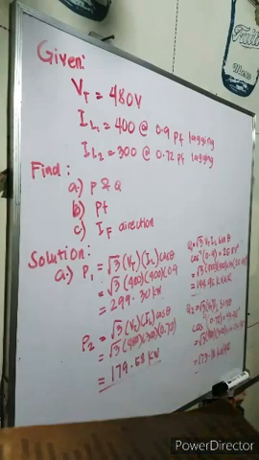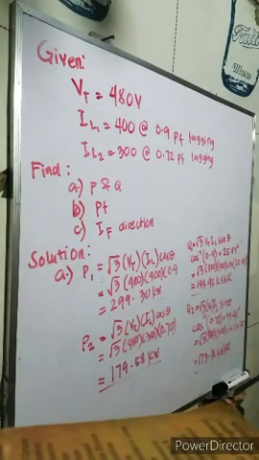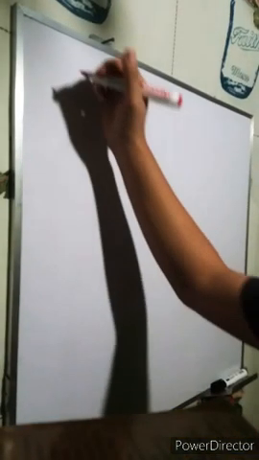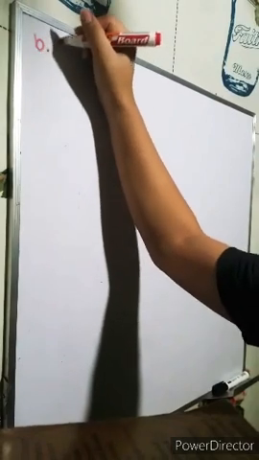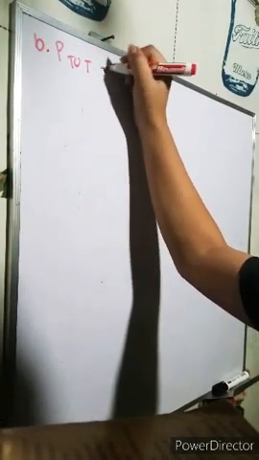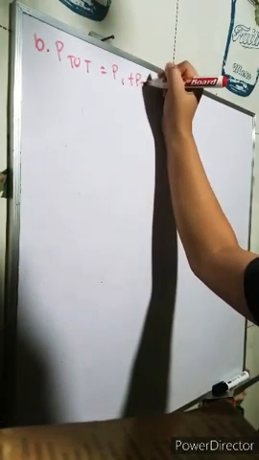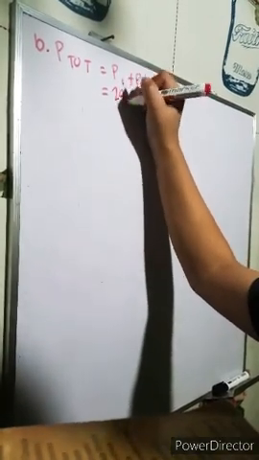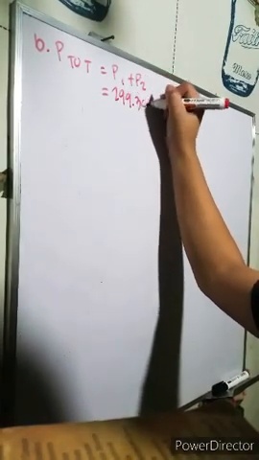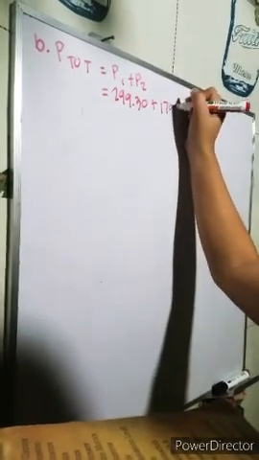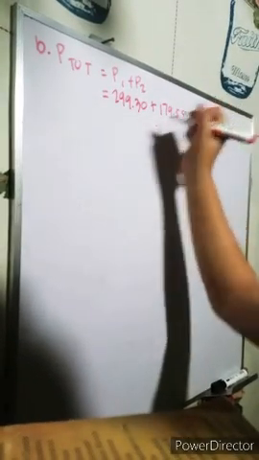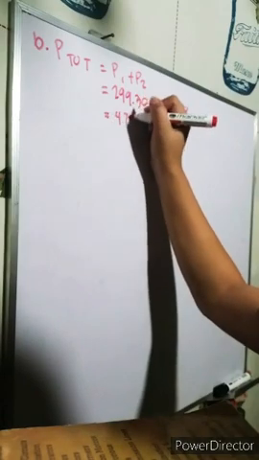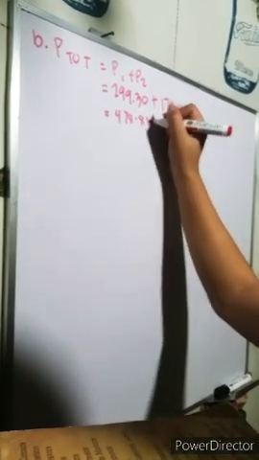So after we get the real and reactive power supplied by each generator to the load, we can then solve the overall power factor, which can be found from the total real and reactive power supplied to the load. So in B, we simply solve the P total and Q total.